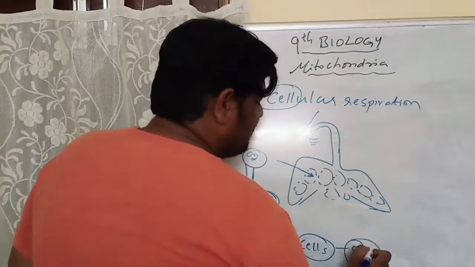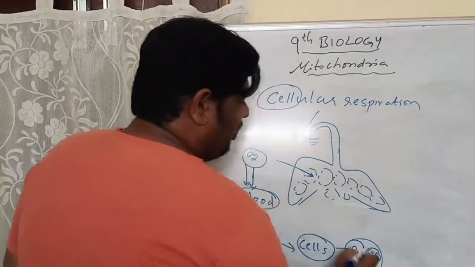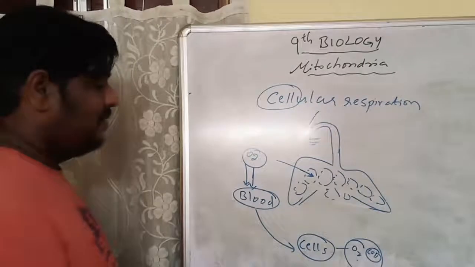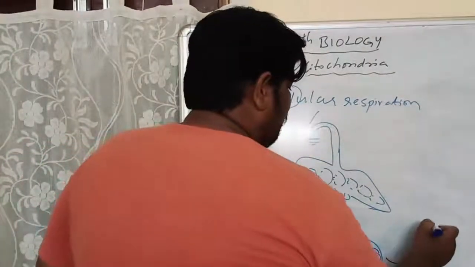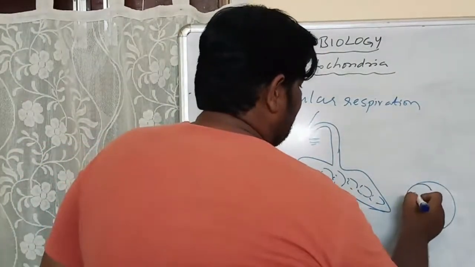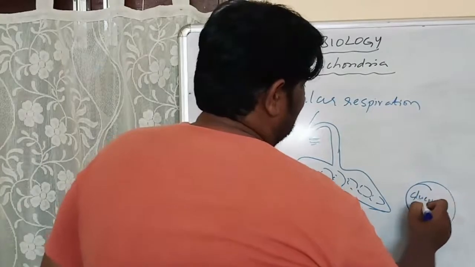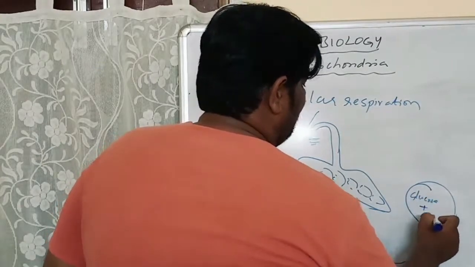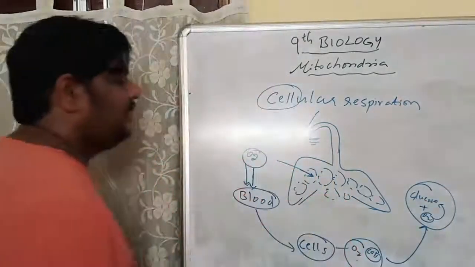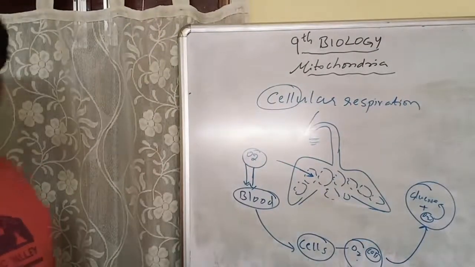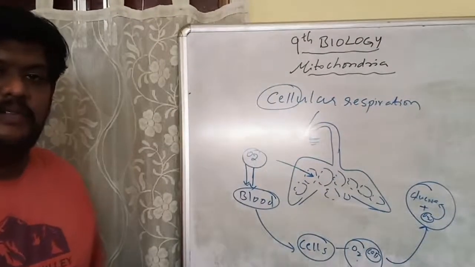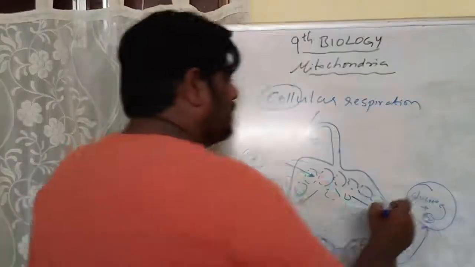So what is there in the cell? There is oxygen in the cell, and after digestion there will be glucose in our cells. So this oxygen will go and react with the glucose. Glucose will burn in the presence of oxygen, and what does it give out?